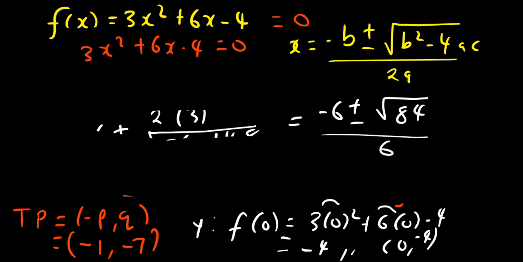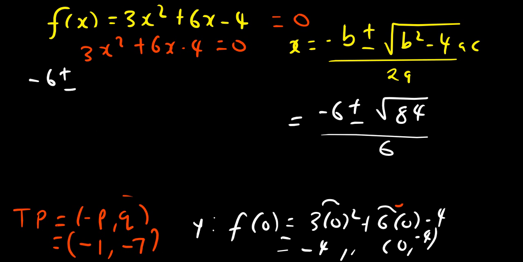But in an event where they don't allow a calculator, just leave it as it is and represent the same expression on the graph. On my end, I'll use a calculator. So I'm going to have negative 6, positive or minus the square root of 84, 9.17, over 6.